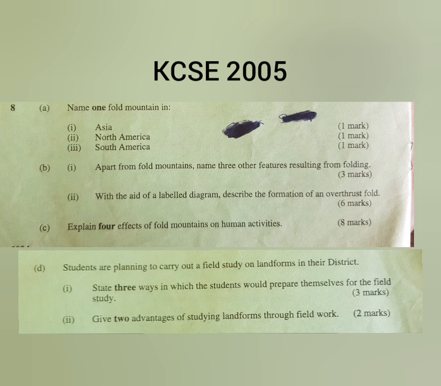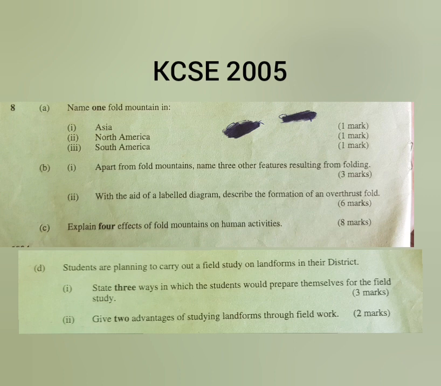The second question was tested in 2005. This was question number 8. It carried 25 marks. So let me read. Question 8A. Name 1 fold mountain in 1, Asia, 2, North America, 3, South America.